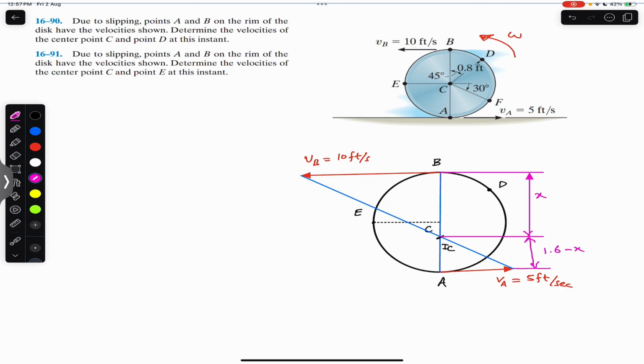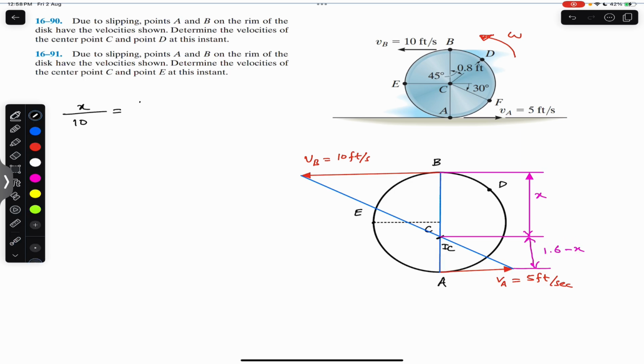Now, using the properties of similar triangles, since this triangle and this triangle are similar, this angle is the same, this is 90 degrees, this is 90 degrees, and this angle and this angle remain the same. The ratios of the corresponding sides of similar triangles are always equal. So x divided by 10 is equal to 1.6 minus x divided by 5.